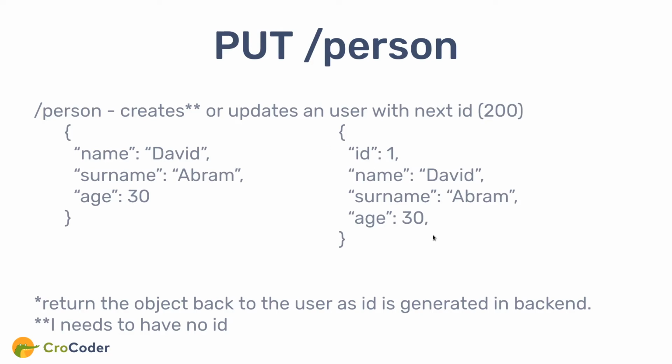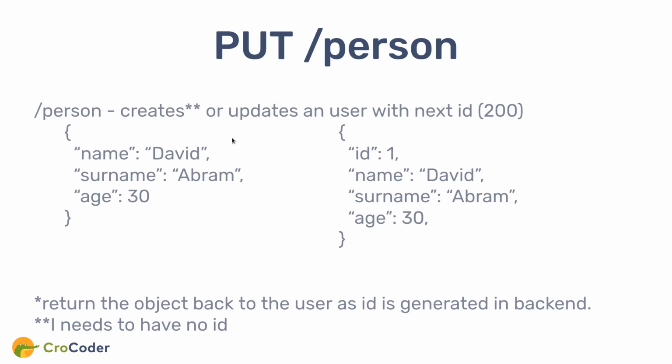But if you don't pass an ID, it should probably create a user. And this is a big problem with put in HTTP REST API, because it's not really defined great. Put could be used for creating and updating.